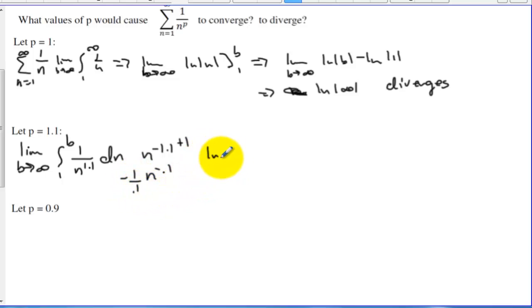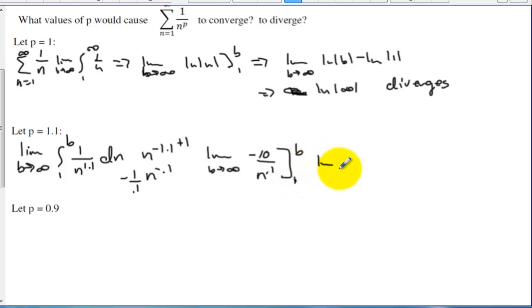We have the limit as b approaches infinity of 1 divided by 0.1 is 10, which means we're going to have negative 10 over n to the 0.1, evaluated from 1 to b.